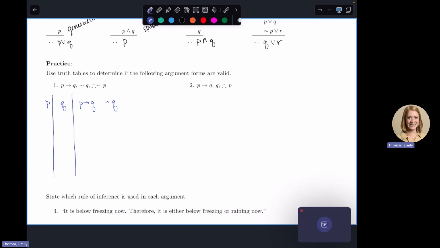Now, how do you want to do this? Do y'all want to do the whole truth table? You want to do critical rows? Emily, I don't know what you said. I heard you speak, but I don't know what you said. Oh, you didn't say anything?